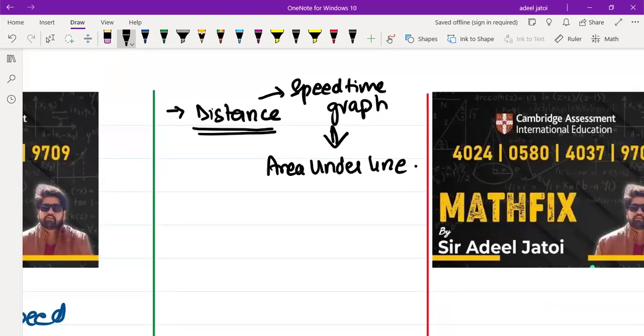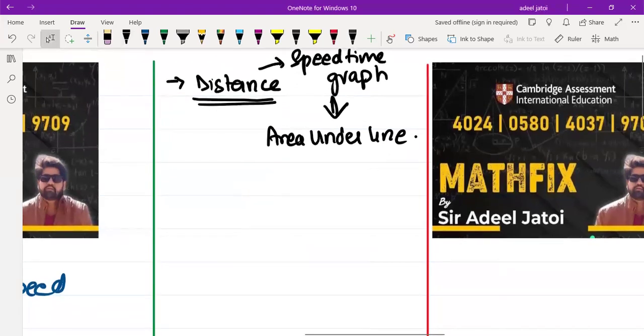Now I'll tell you why increasing acceleration or decreasing acceleration is not used in your O-level math syllabus: when you calculate the area for increasing or decreasing acceleration, you have to calculate it through the integration method, and integration is not part of your O-level syllabus.